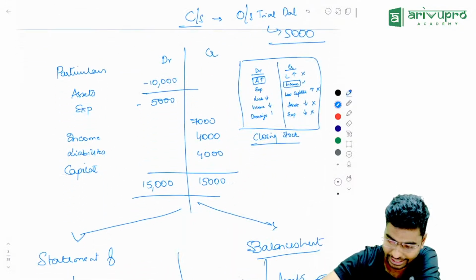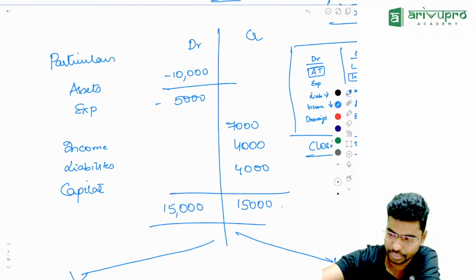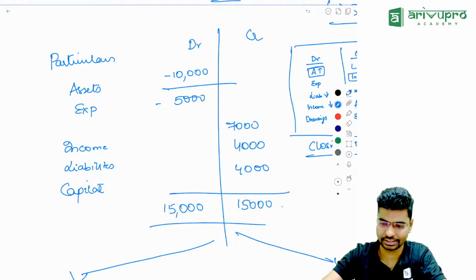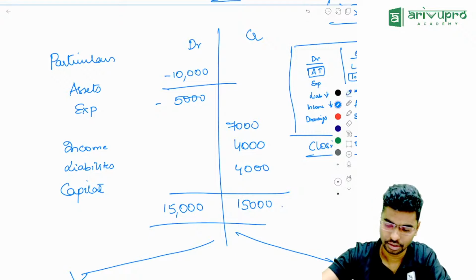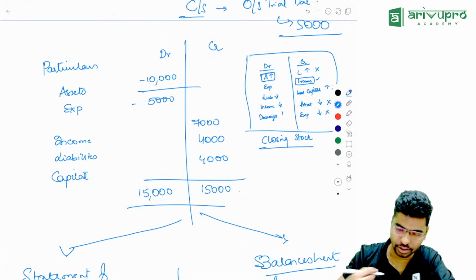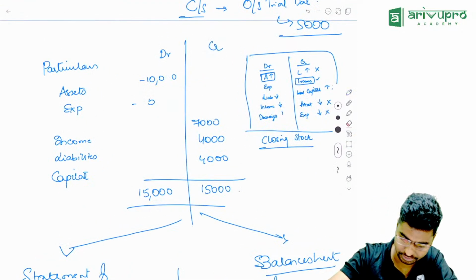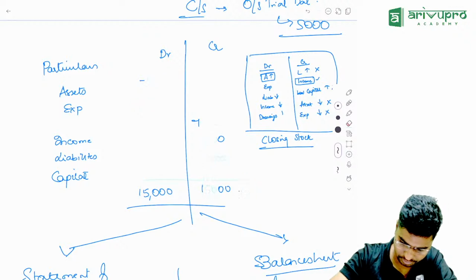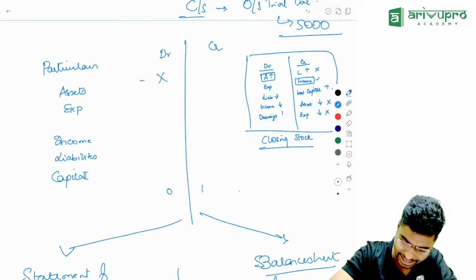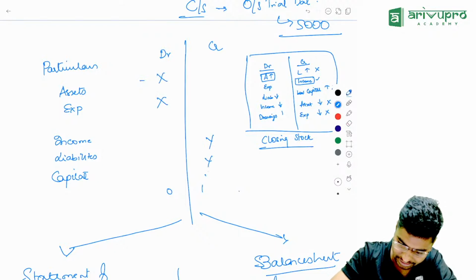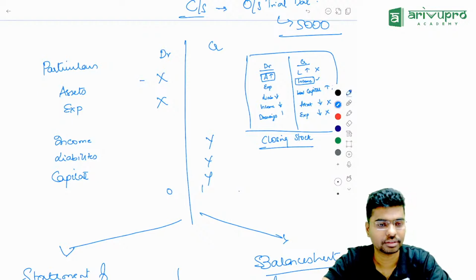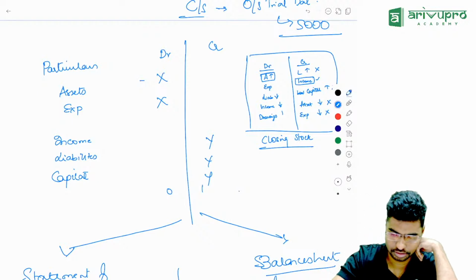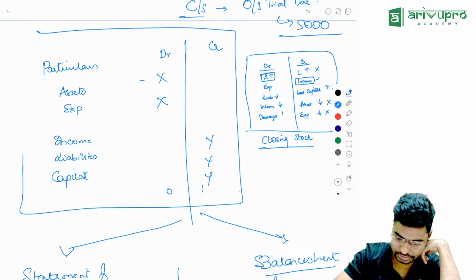I want you to write this down just for a part of it. How do we write it? We'll try to make it as 0, 0, everything. So we'll call it X, X, Y, Y, Y. Copy this.